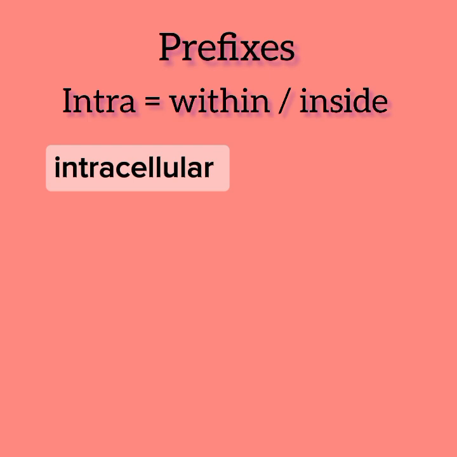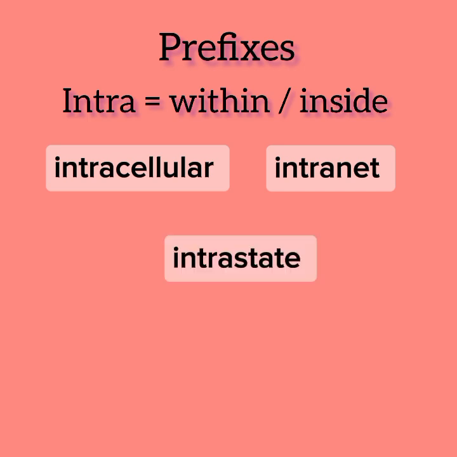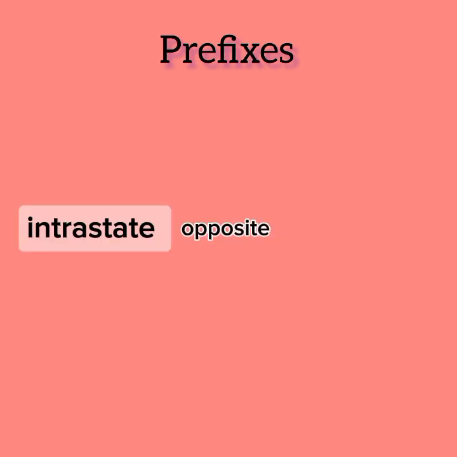Or you must have heard about intranet, a private network system that operates within an organization. Or take the example of the term intrastate. Intrastate means existing or happening within a single state, as opposed to interstate, which refers to between two different states.